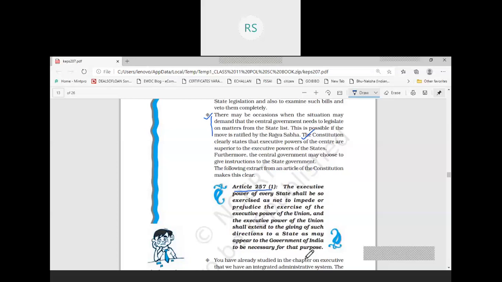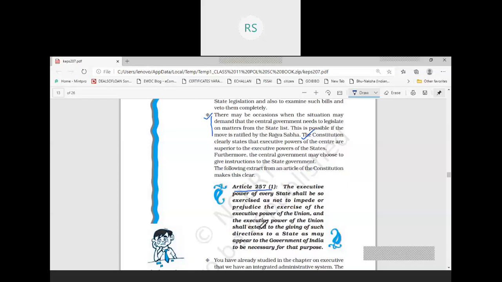And the union executive has the right to give direction to a state or many states as required, so that it should not obstruct the execution of the powers of the center.